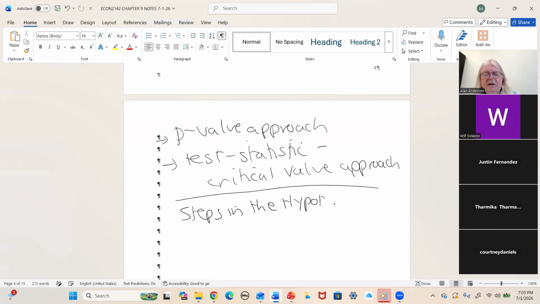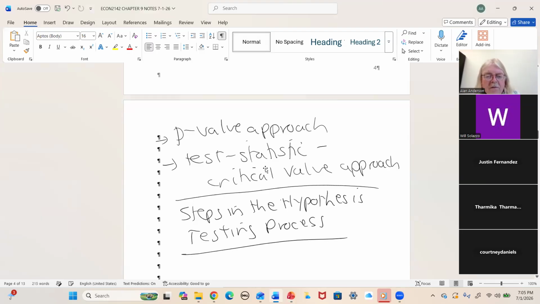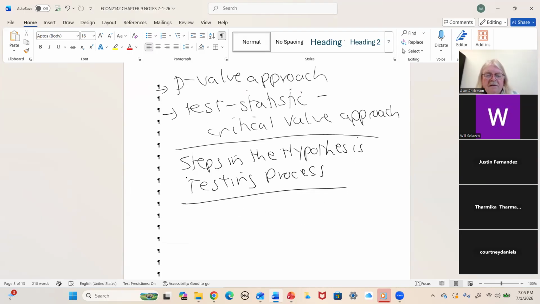Let me just put this title here real fast. Steps in the hypothesis testing process. We always start with the null and the alternative hypotheses.